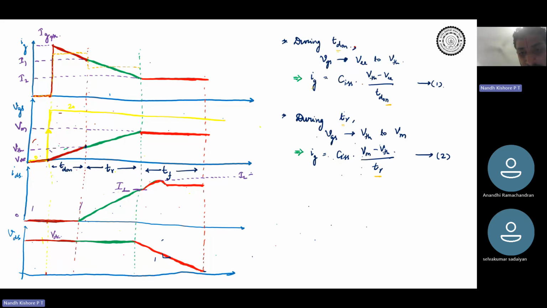This is IL plus IRR plus ICOSS1 plus ICOSS2. This is IL plus ICOSS1 plus ICOSS2. Agree, right? IRR will last only for the reverse recovery time. After that, it is going to be just COSS1 charging current and COSS2 discharging current. I hope you get it. This is your IL.